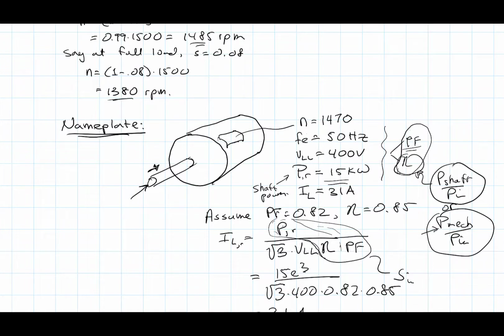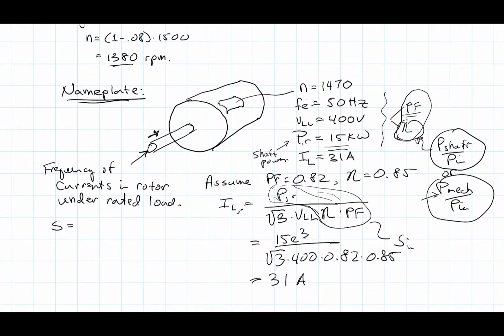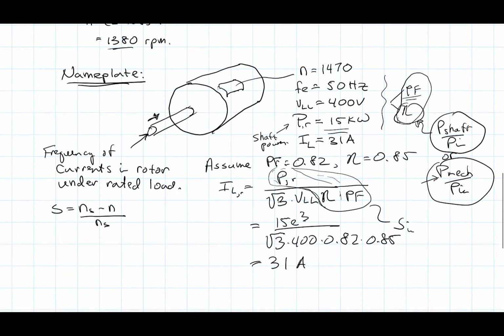What would be the frequency of the currents in the rotor? Now these will change depending on load, so we're going to say under rated load. So we have to find the slip. The slip is equal to the synchronous speed minus the actual speed, divided by the synchronous speed.